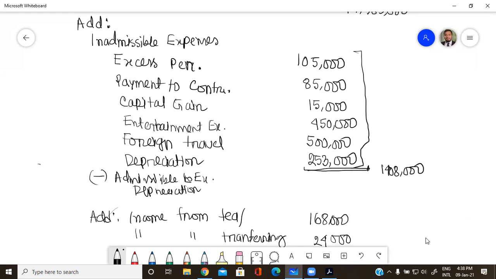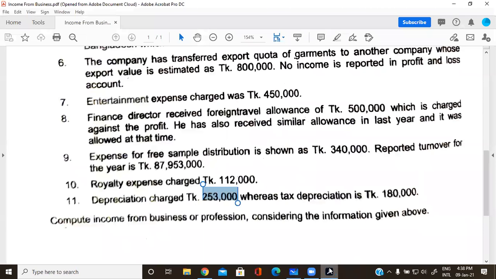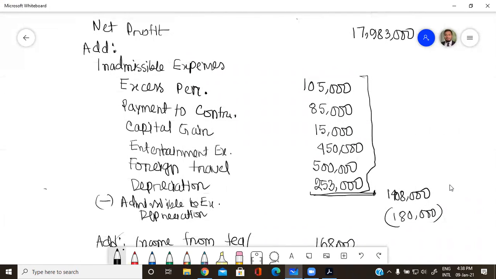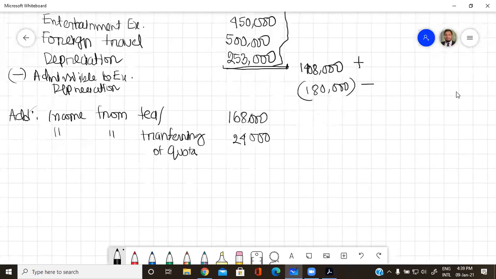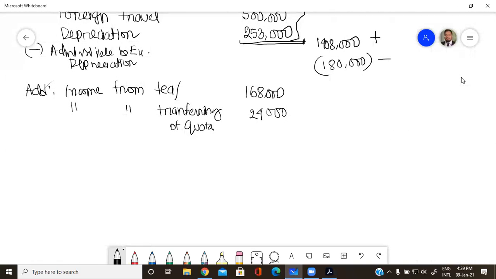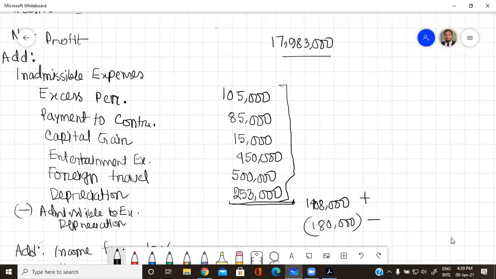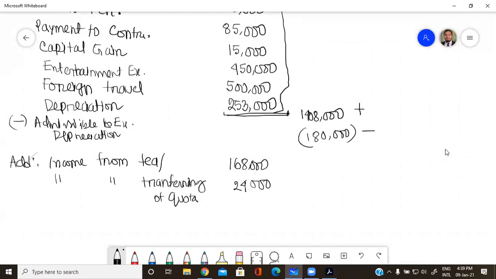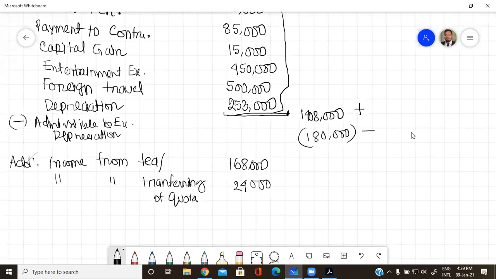So what is the tax depreciation? 180. Now, what you need to do with this number, you add this number and subtract this number. Then I'm showing you the further calculation. Here 17,983,000, add this number and subtract this.